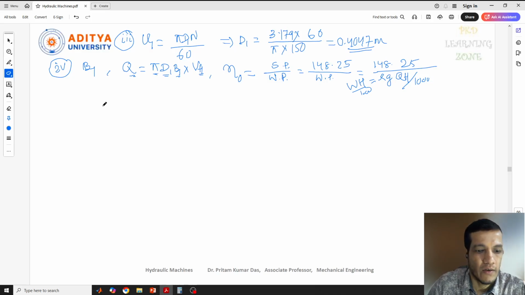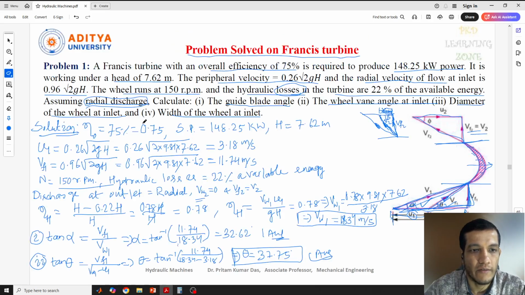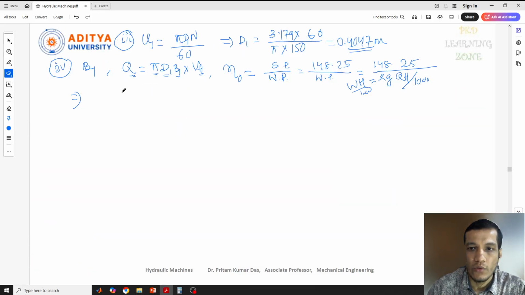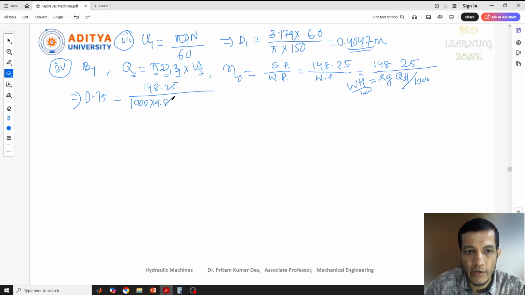So now the overall efficiency value, it's given in the question 75%, that is 0.75. So 0.75 is equal to 148.25 divided by 1000 into 9.81 into Q value into H. H is given how much? 7.62 is given. Now divided by 1000 here.